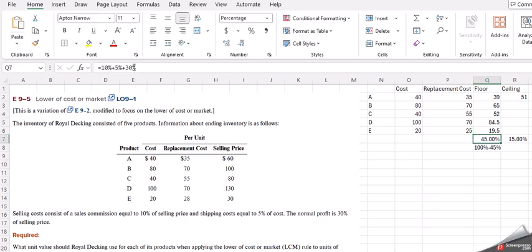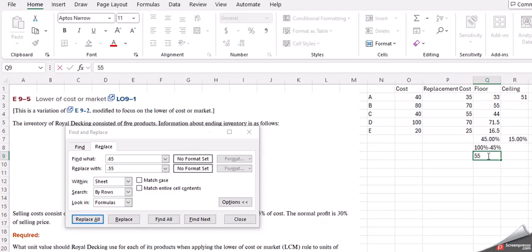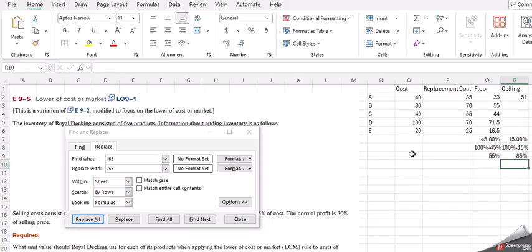So 45% is the deduction, which means we would keep the, oh, darn it. I'm sorry, I did that one wrong too, because 45 from 100% is 55%. I'll just go in there real quick and do it this way, so times 0.55. So replace those all for my percentage mistakes. So then that leaves us 55%. And then this one would be 100% minus the 15%, which leaves us 85%. So then that's what we're using.